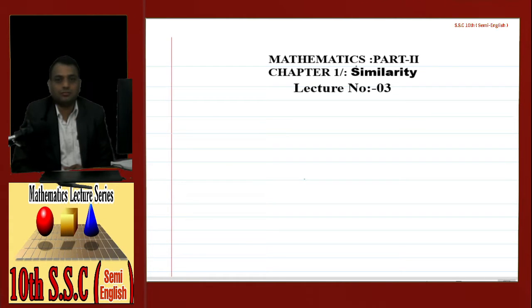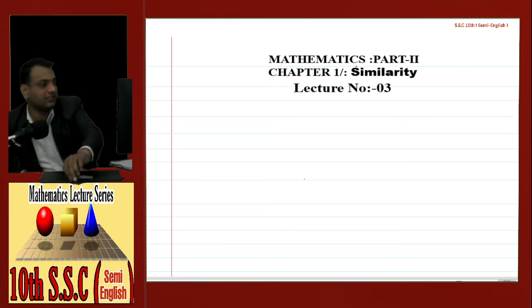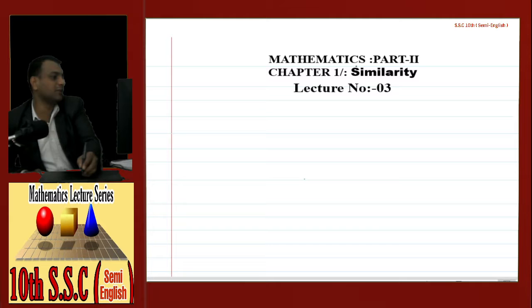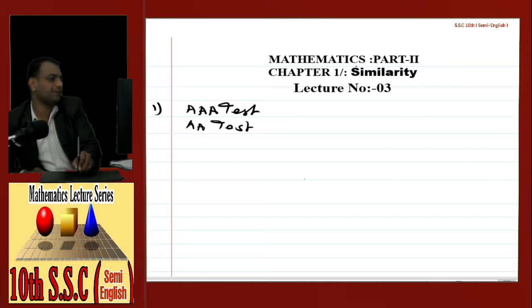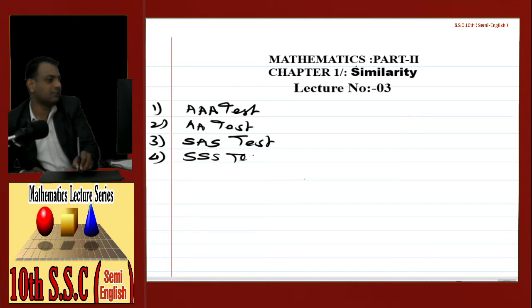In the previous lecture, we discussed the tests of similarity of triangles. The tests are the angle test, the side angle side test, and the last one is the side test.